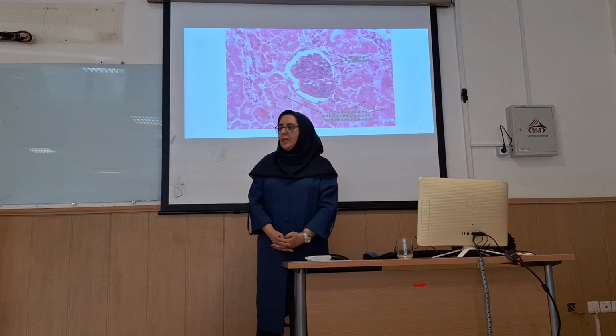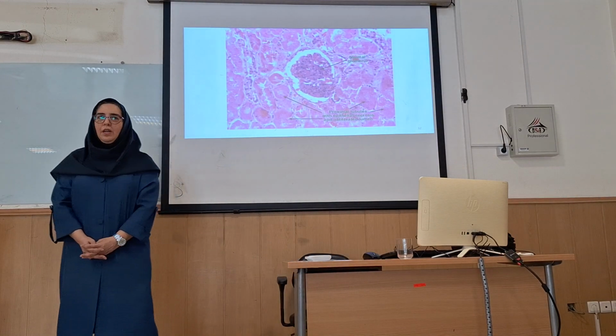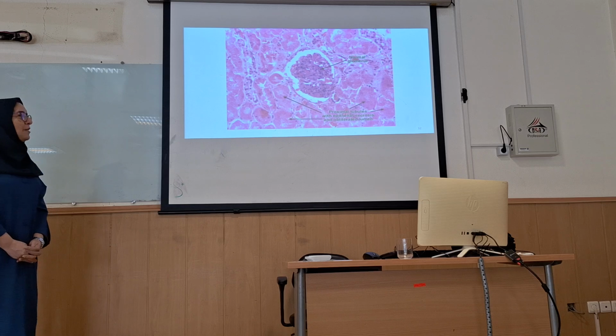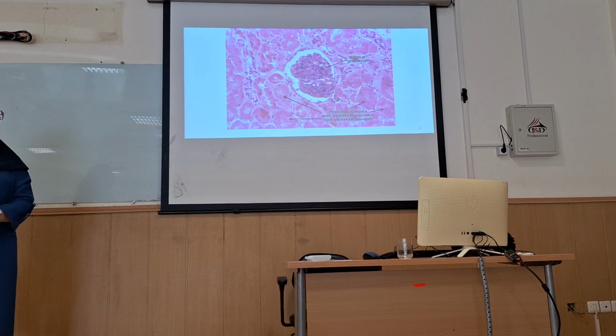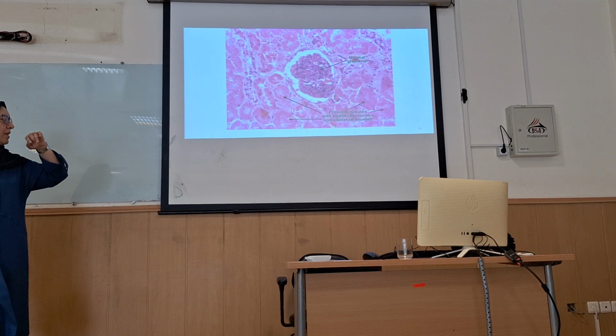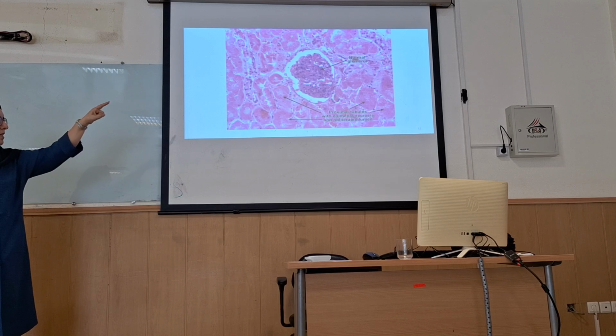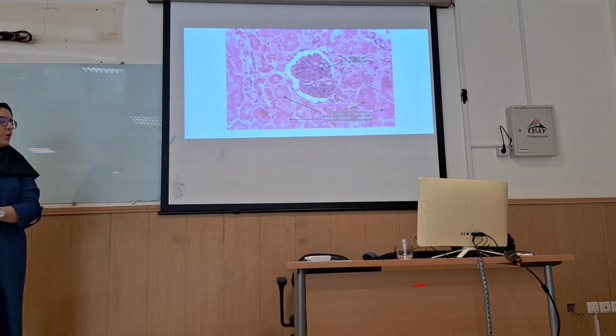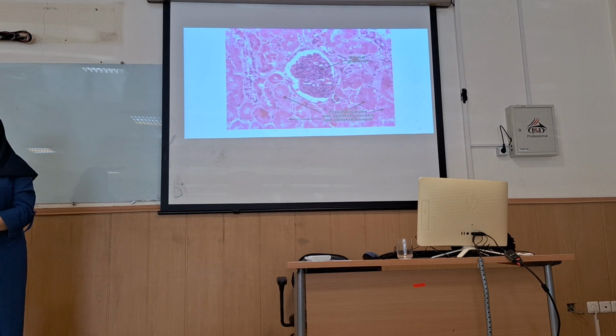So, in this figure, as you see, it's a kidney. The center is glomerulus and the periphery is tubule. Which is the necrotic segment, tubule or glomerulus? The tubule. Why?